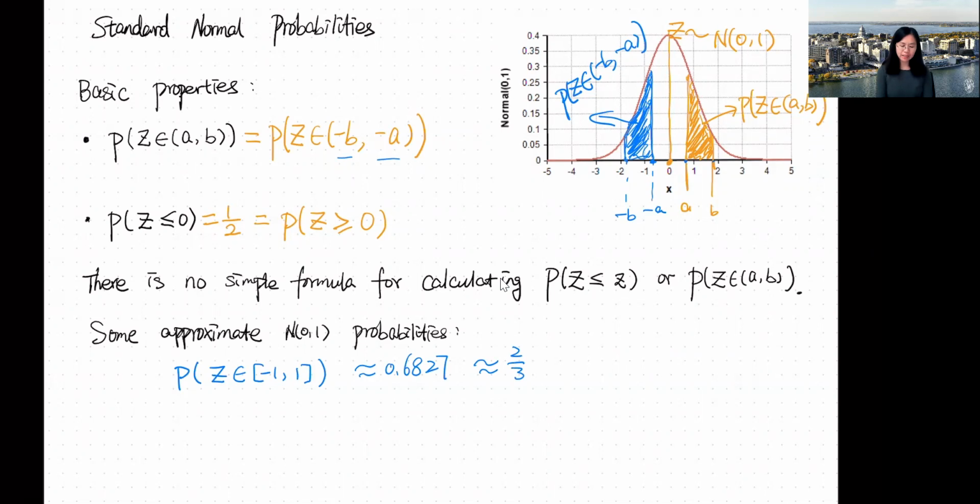So the probability that a standard normal random variable is less than or equal to 1 in absolute value is about 2/3. The probability that z is between -2 and 2 is about 0.9545, which is approximately 19 divided by 20.